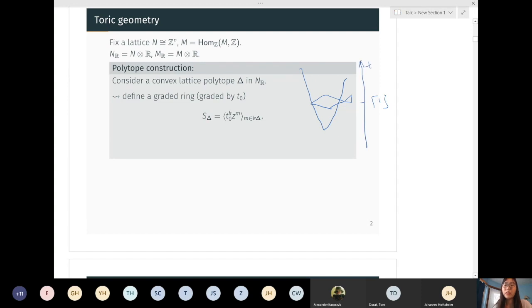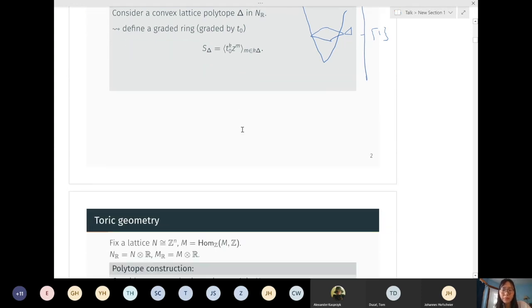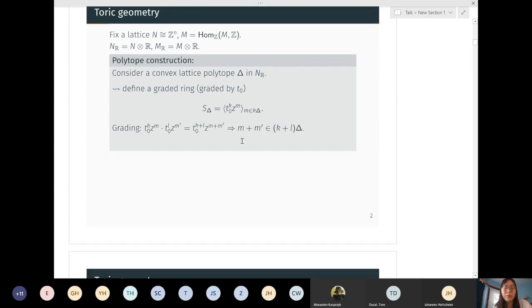The way we think is, when we multiply two monomials from two different levels, the polytope at level k and the polytope at level l, the product monomial m plus m' must be in the k plus l polytope.